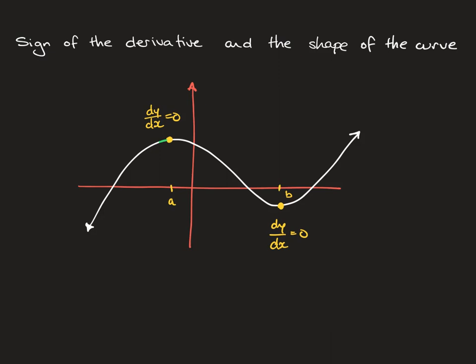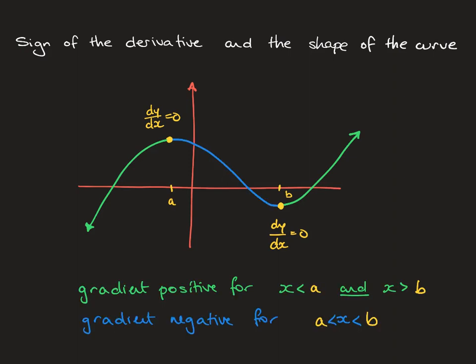It also has a positive gradient to the right-hand side of B. So it has a positive gradient for x less than A and x greater than B. The bit in the middle between A and B, it's a decreasing graph. And so between A and B, our gradient is negative.